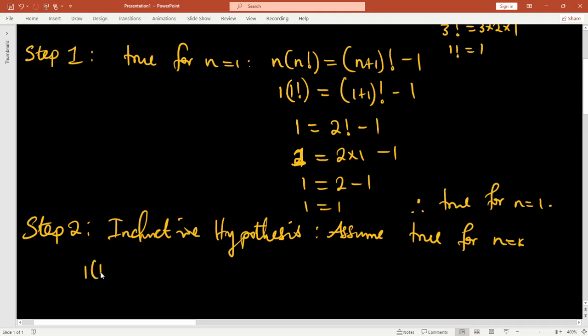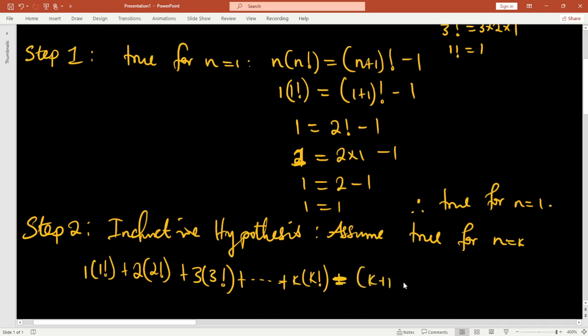So we have 1 factorial, 2 factorial, 3 factorial, plus, where there's n, we substitute the k. So we have k, open brackets, k factorial, equal to what we have on the left hand side. It's going to be k plus 1 factorial minus 1 like this here. So under the inductive hypothesis, this is the only thing that we get to do.